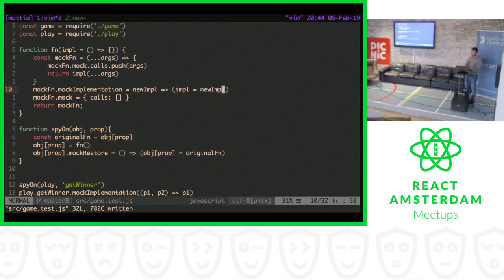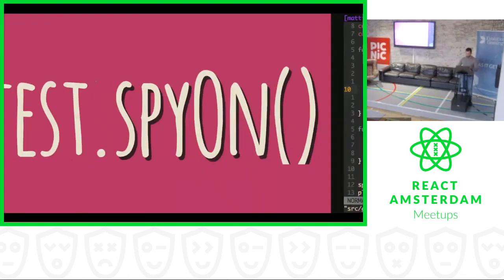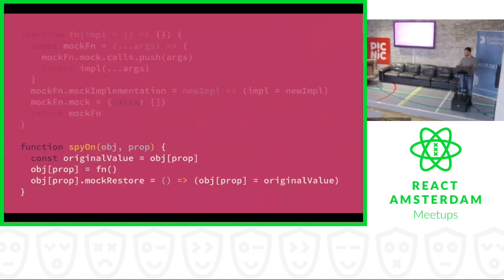That's why by declaring the mockImplementation, we can revert it back. So what we did in spyOn, we declare the function, object and property, we save the value, we instantiate with an empty function, and then we got the mockRestore to restore it back. For the implementation, we need to pass a default empty object, and the last thing that we did was the mockImplementation.